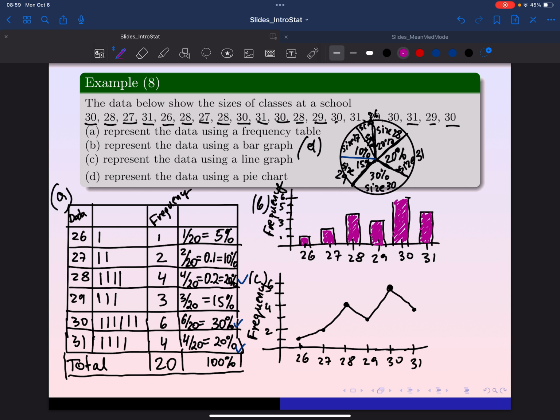We can use different colors to represent 30%. 20% would be a different color. This one was also 20%. And then we have 15% right here, and so on. If we make the circle bigger, then the data would be represented a little bit nicer.